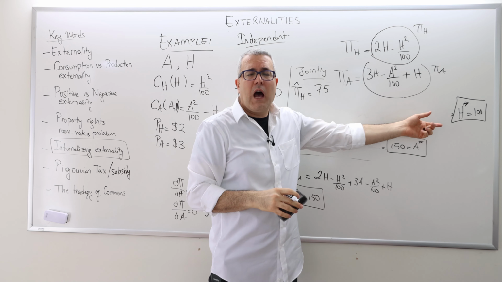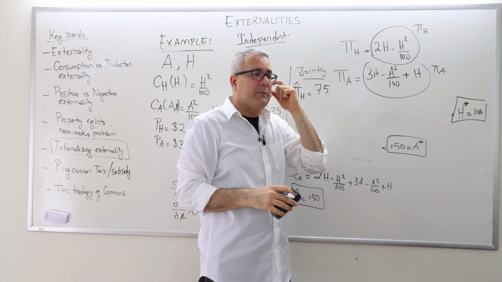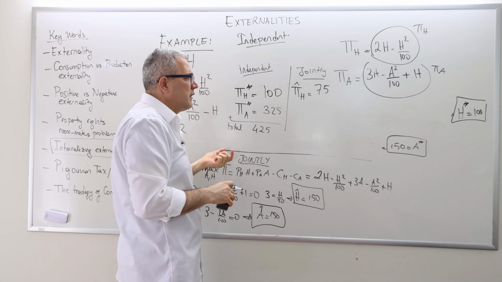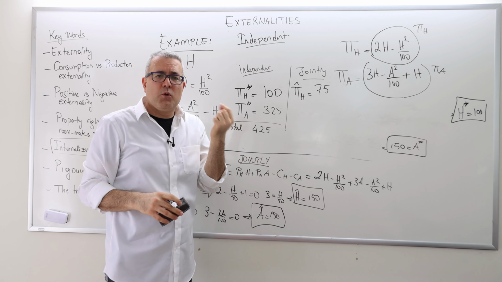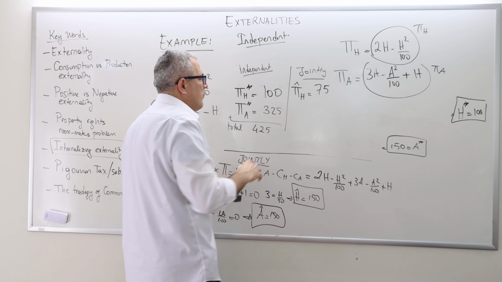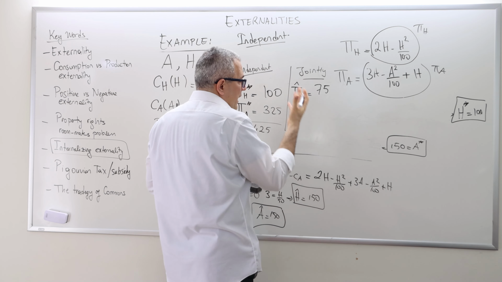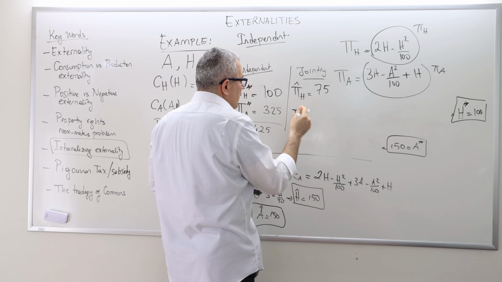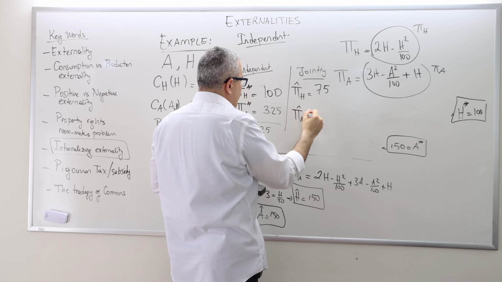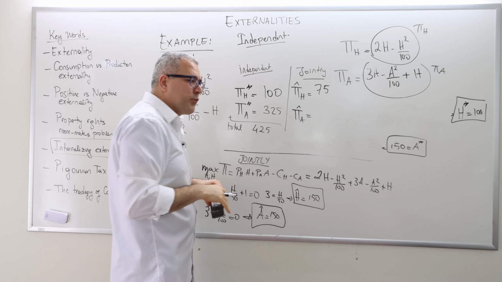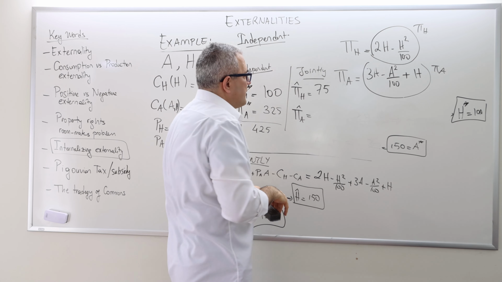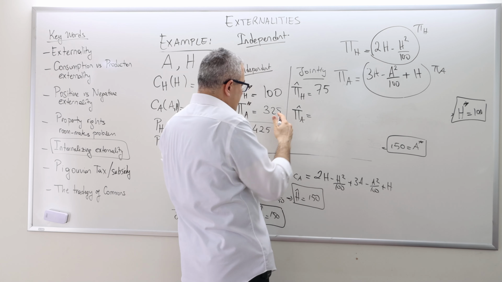Because the highest maximum profit will be achieved if the honey producer actually produces 100. But the reason why it produces more than 100 is because it decreases the cost of the apple producers, or the apple cost, I'm sorry, the cost of apple production. So the profit from the apple production is still the same, the 3A.